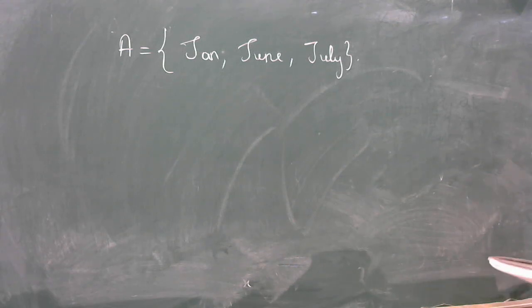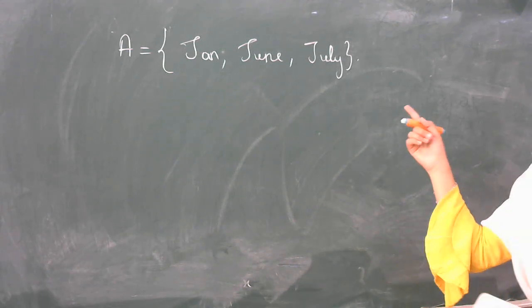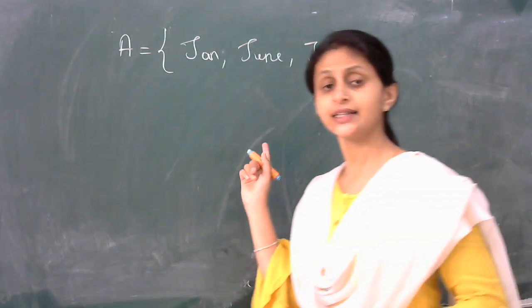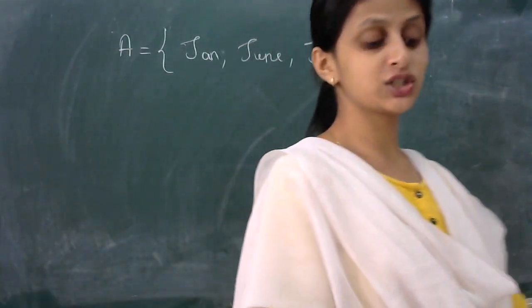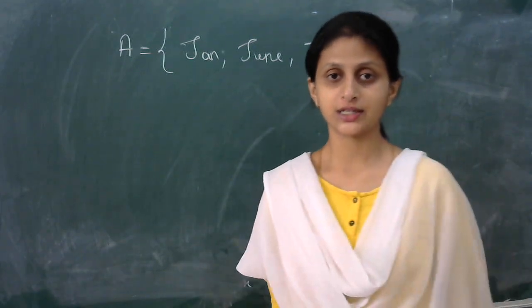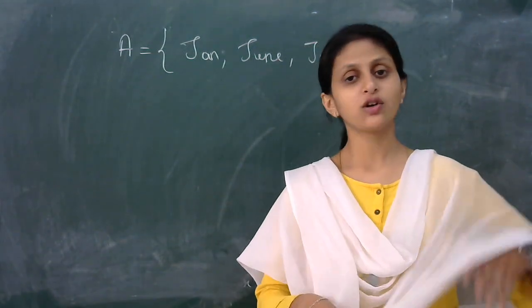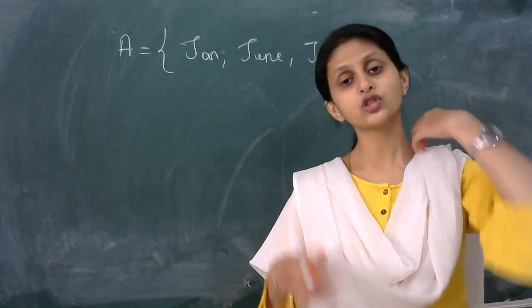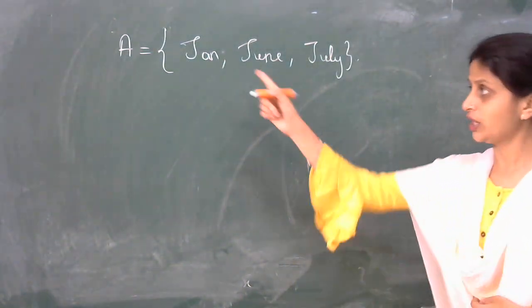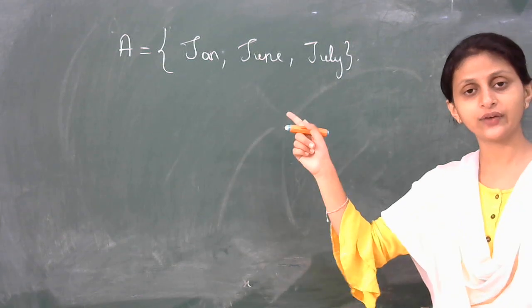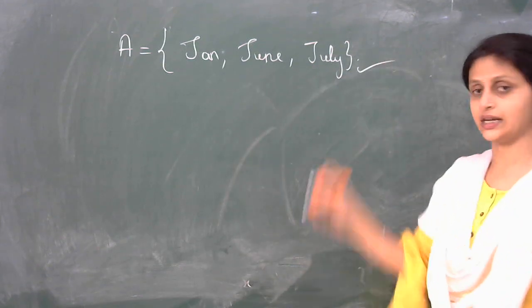So you can observe here, it is a set, because this set is well defined. What is the definition of a set? A set is a well defined collection of objects. So all collections are not sets, students. Only if those collections are well defined will they be called sets. So here you can observe this set is well defined and hence this is a set.